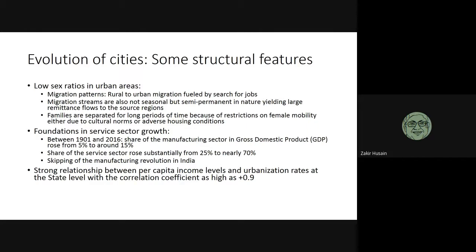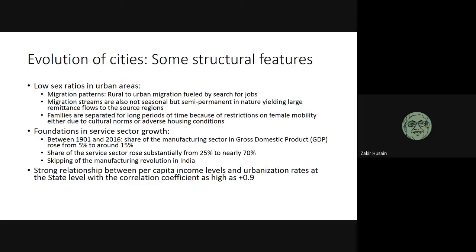But apart from marriage, where we have the migration of the females, the second most important reason is work. And in case of migration for work, it is the male members who migrate. Such migrations can be seasonal in some cases. That means you come to urban areas in particular months of the year and then return. It can also be semi-permanent.